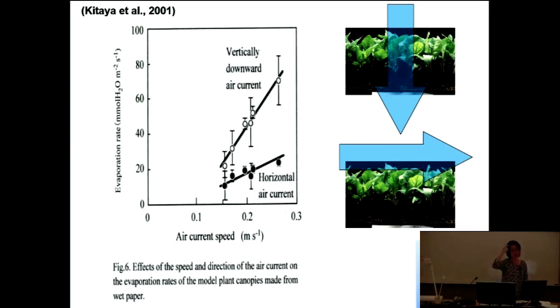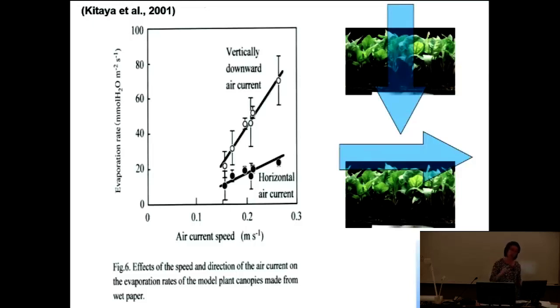And this was showing transpiration rate: the vertical airflow definitely improves the canopy microclimate. Why? Because it improves VPD and the boundary layer over the leaves inside the canopy, and therefore you see a much higher evapotranspiration rate when you have vertical airflow through the canopy.